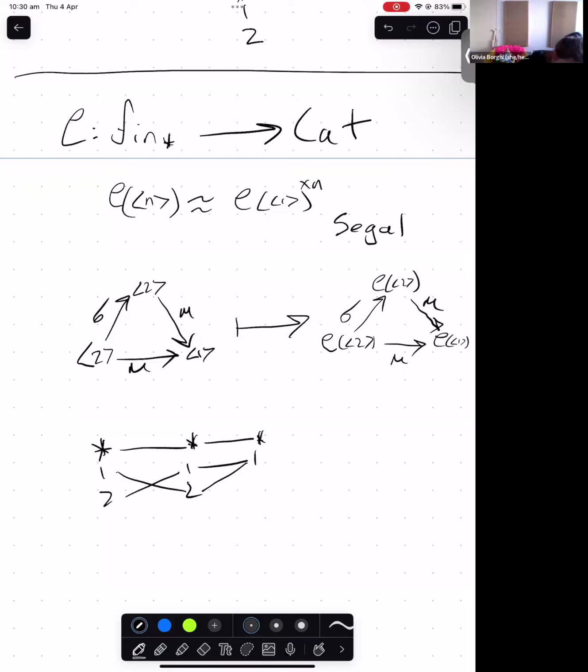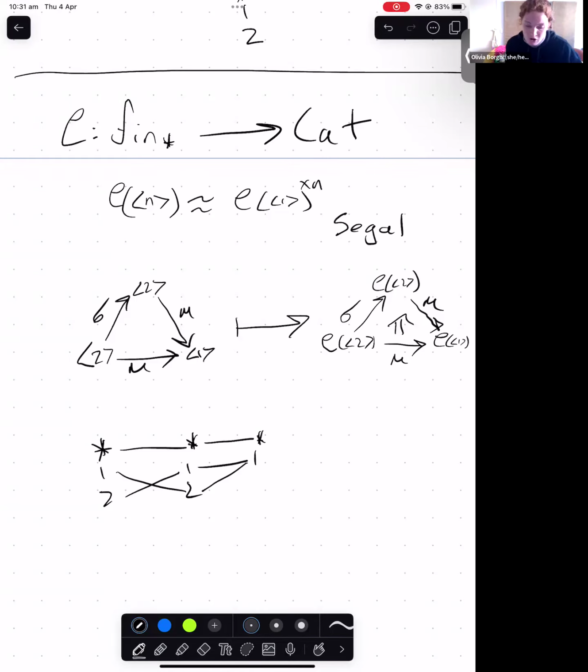And mu we're going to think of as our monoidal product. Since this is a pseudo-functor, and what makes it a pseudo-functor as opposed to just a functor is that it doesn't respect composition on the nose, but rather up to, in this case, a natural transformation. And so we're going to have this commutative diagram that's only commutative up to a 2-arrow.